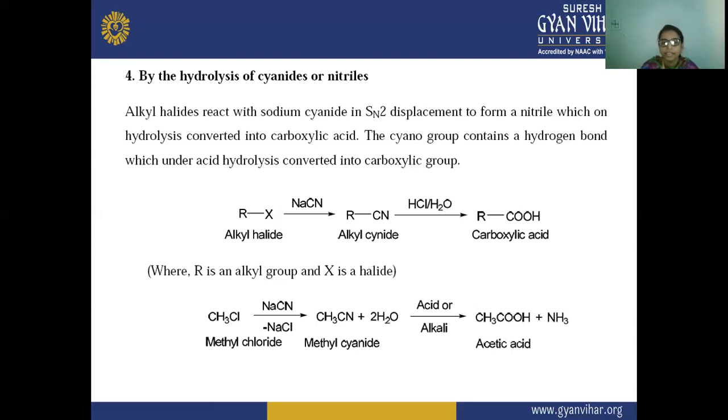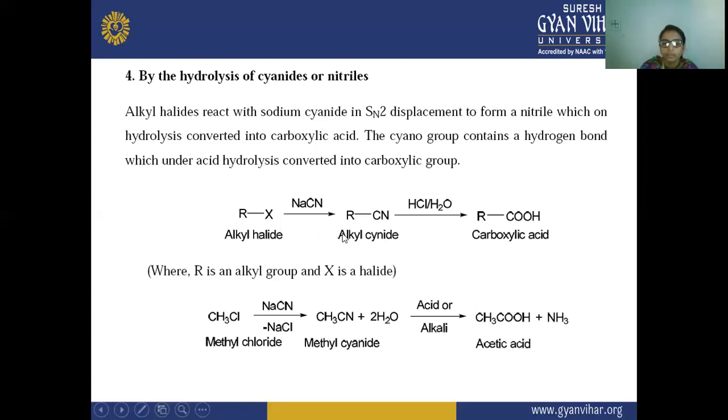So alkyl halide is reacting with this NaCN, and from this CN, there is a substitution reaction. This is a nucleophilic substitution reaction. As in the second order nucleophilic substitution reaction, you can see that from here, this halide group is removed, and from the back position, this CN will attach to this R, and there is a formation of this alkyl cyanide here.